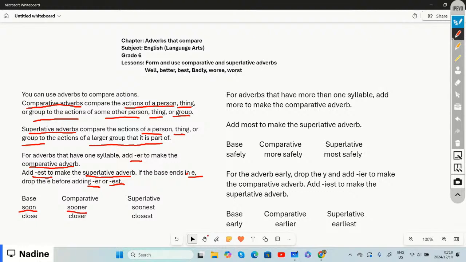And if we were to identify the superlative adverb, then we will say it is soonest. The est needs to be added to our superlative adverb to show the action of a larger group.